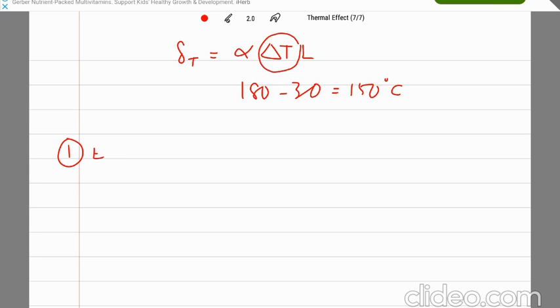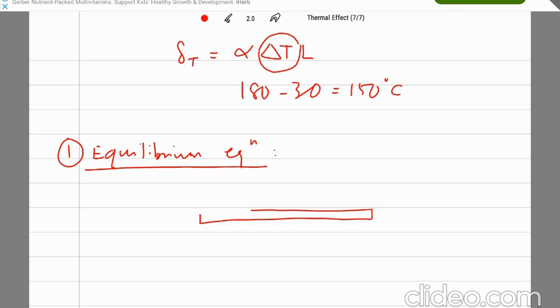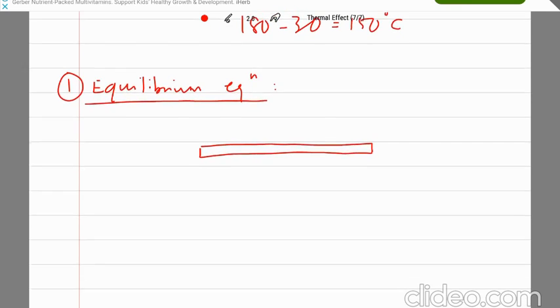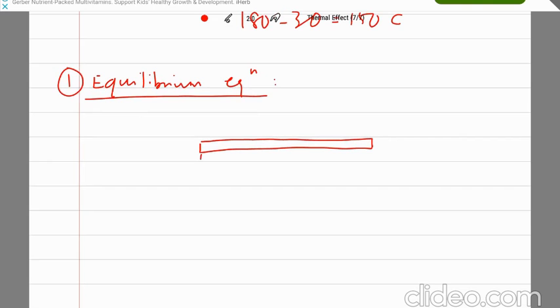So equilibrium equation. Okay, so as usual we draw the FBD of the rigid bar. Okay, so we have FAB, we have also FCD, and also FEF.